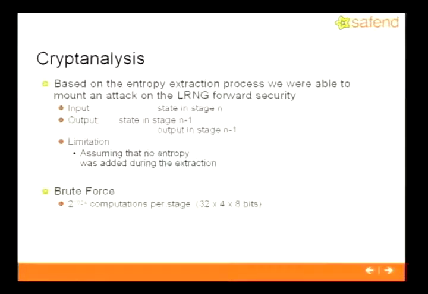I assume that you were able to break into a Linux machine, get the entire memory dump, and go away. Give me this memory dump. I have the entire state of the PRNG. And what you're going to see in the next slides, that I'm able to trace back past outputs of the PRNG.